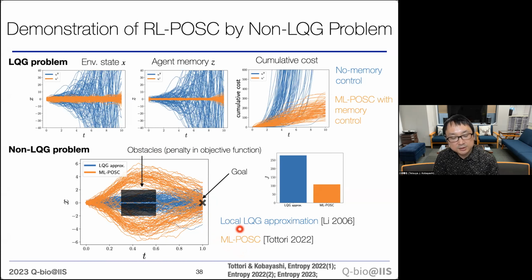But if we use a local LQG approximation, approximating the non-LQG problem locally by an LQG formulation, the result is something like this, the blue one. This kind of algorithm cannot avoid this obstacle, and the value of the objective function is much higher in this approximation. Okay, so this is a demonstration of our theory.